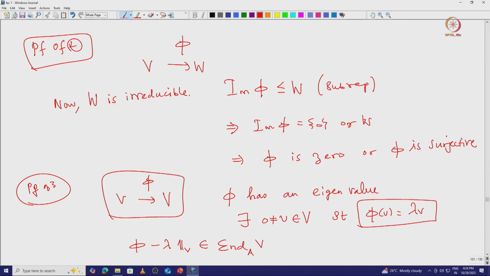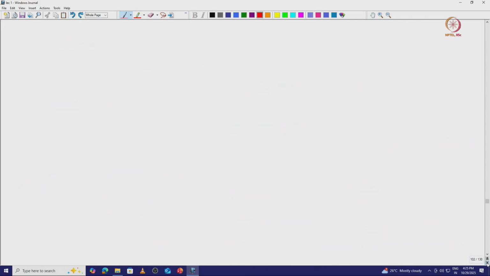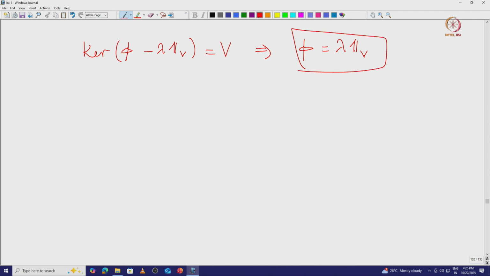Now, from pi of v being equal to lambda v, it is clear that the vector v is in the kernel of pi minus lambda identity. So, that means the kernel of this map is non-zero. That would immediately imply the kernel is exactly equal to V. So, this means the map pi should be equal to lambda times identity. There is no other option.